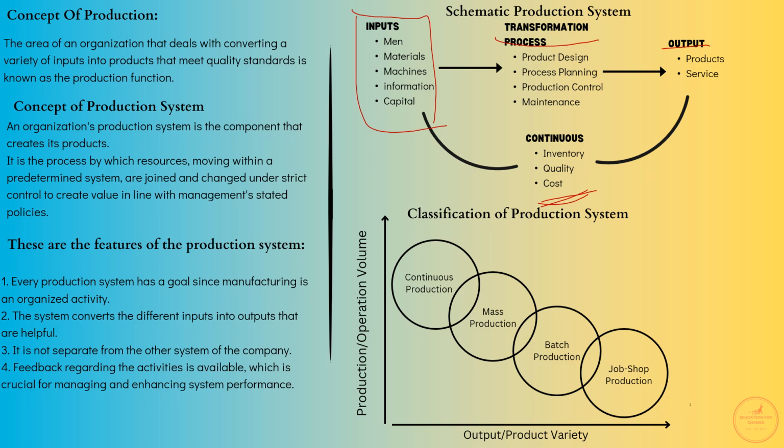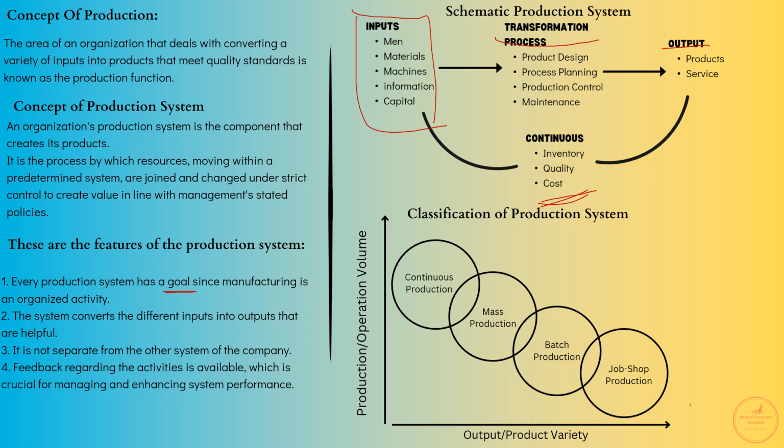Now there are features of the production system. Every production system has a goal. That means every production system has an objective, since manufacturing is an organized activity to achieve a goal. Second point, the system converts different inputs into outputs that are helpful.